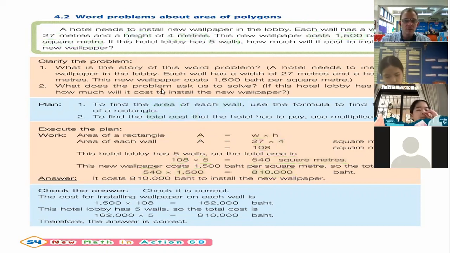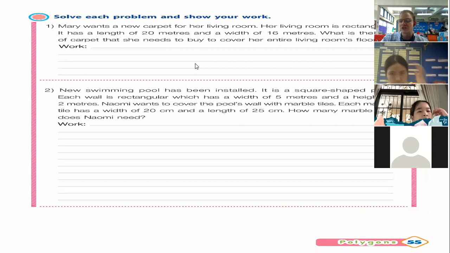Now I want to jump straight into an example so that we can see how we can use all this information. On page 55 in our second books, we have a couple of questions. Let's go through the first question, and I want you to also give me the answer.